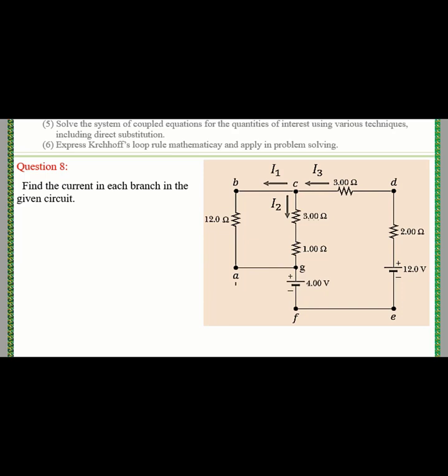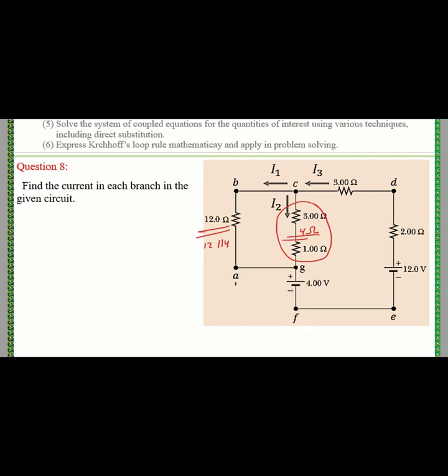Before solving by Kirchhoff, try to simplify the circuit. Here we have the 3 and 1 ohm in series, so they are equivalent to 4 ohms. Then 12 and 4 are in parallel, 12 parallel to the 4.